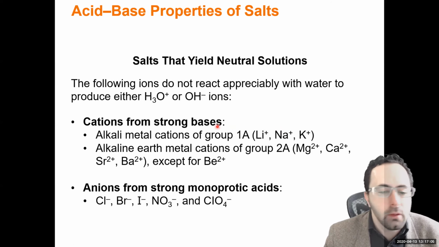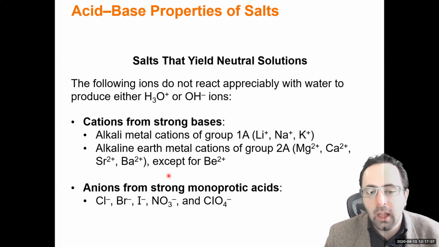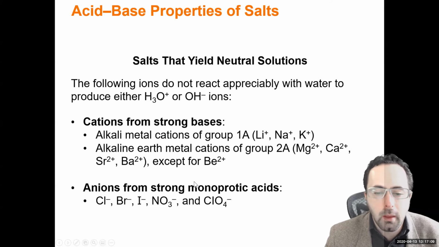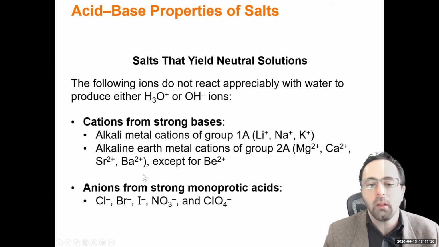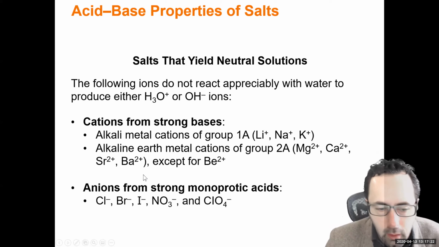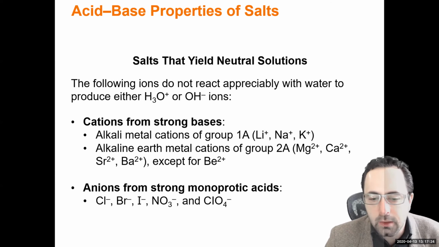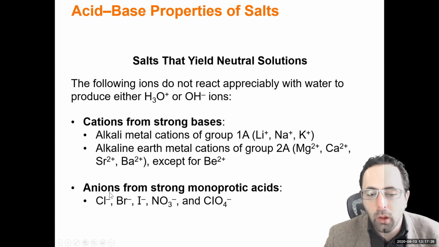And here is the reason why. These cations from the strong bases don't tend to react with water in any way, and so they do not behave as bases. You can remember them as being the cations from the strong bases: lithium hydroxide, sodium hydroxide, potassium hydroxide, calcium, strontium, barium hydroxide. Those are all strong bases. The anions from monoprotic acids, well, let's think.